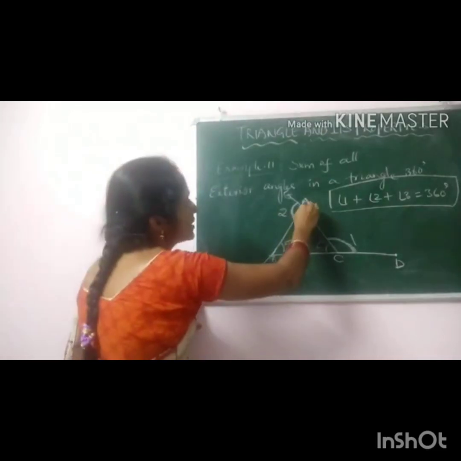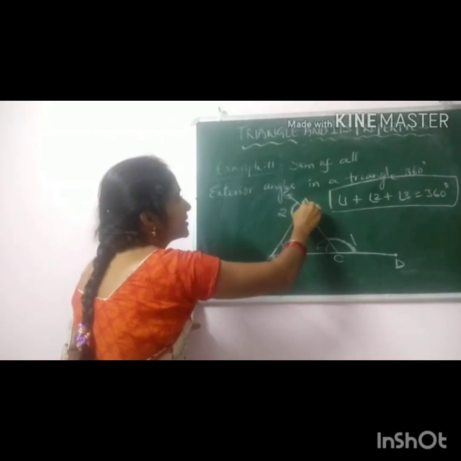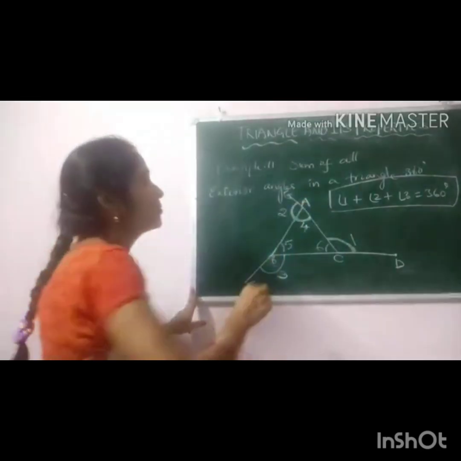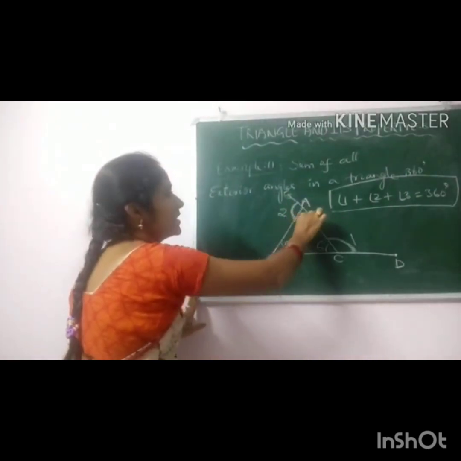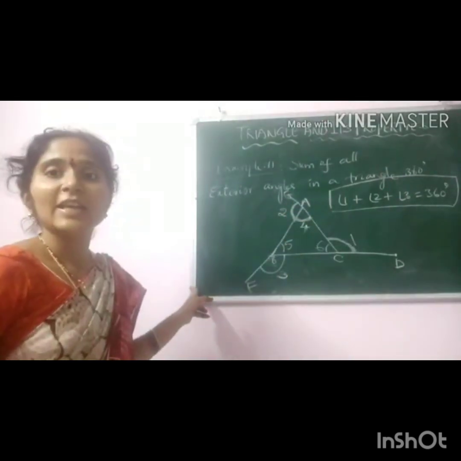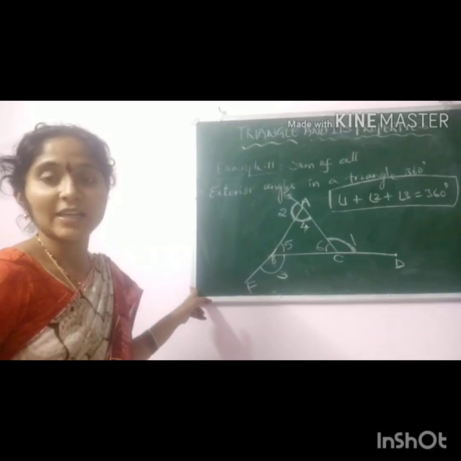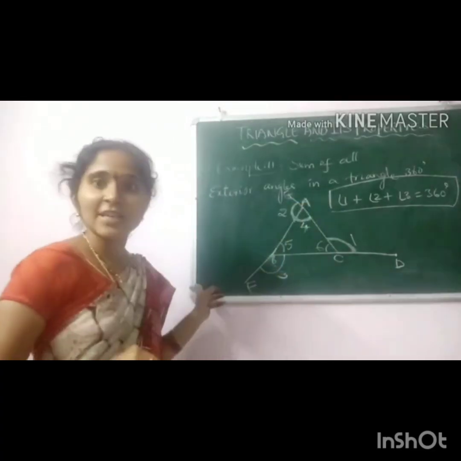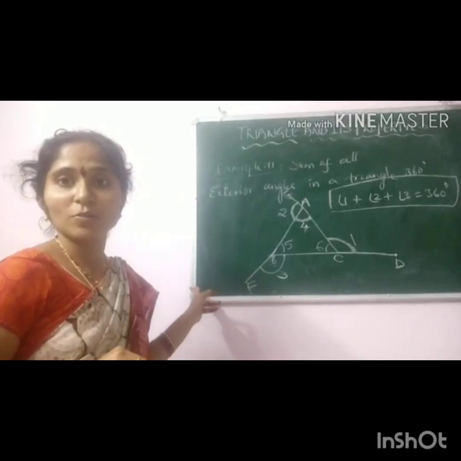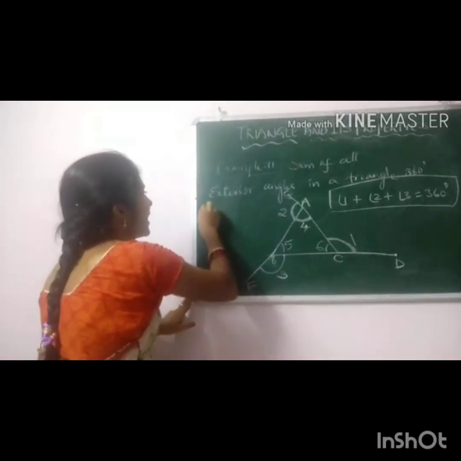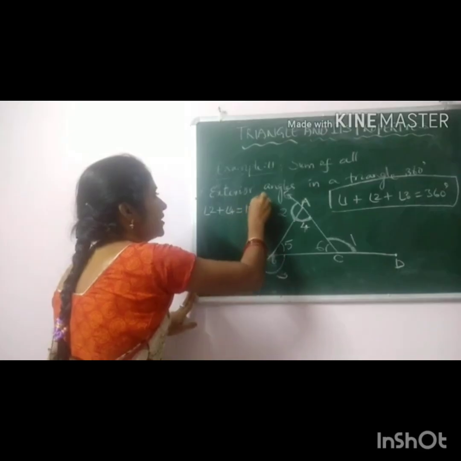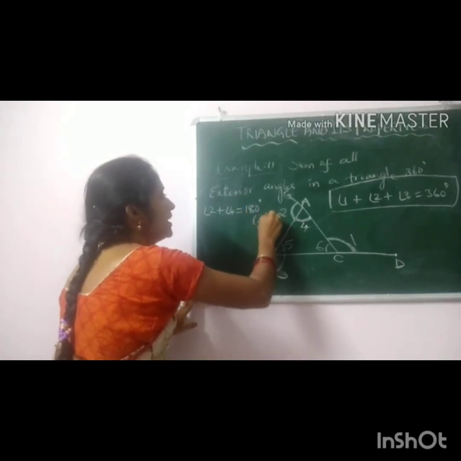Have you observed this? This is one angle, this is one angle. If two adjacent angles form 180 degrees, then those two angles are said to be a linear pair. So here angle 2 plus angle 4 is equal to 180 degrees because of linear pair.